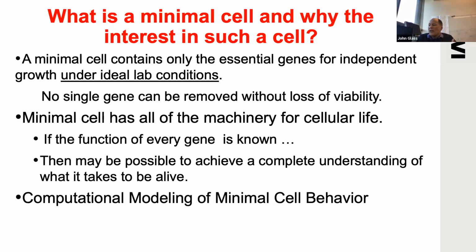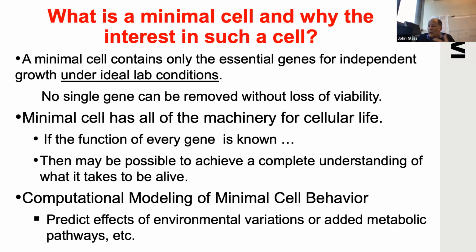And from this, we can go to computational modeling of minimal cell behavior, because much as I would love to have in my head everything that's involved in keeping a cell alive, it's too complicated. And so we really will need computational models to understand it, to predict the effects, eventually, of environmental variations or how you might change the cell.